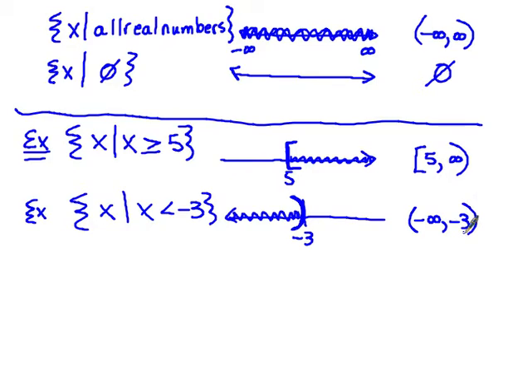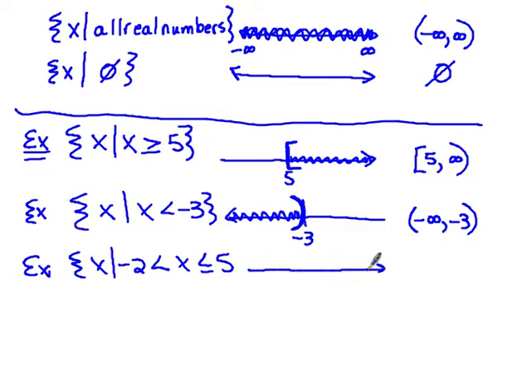All right, one more for good measure. X such that negative 2 is less than x, less than or equal to 5. Now I didn't do this one in the general rules, but I think we can figure it out. All right, so we've got negative 2 and 5.